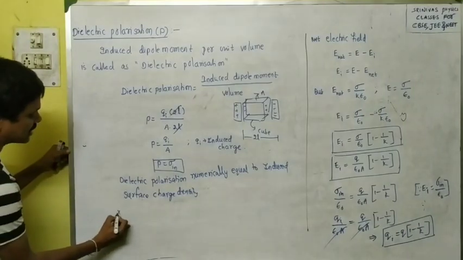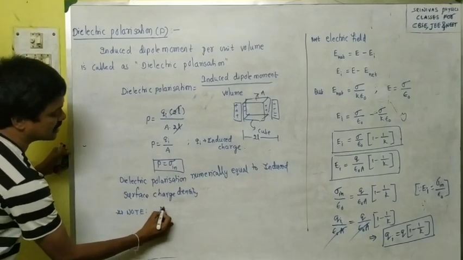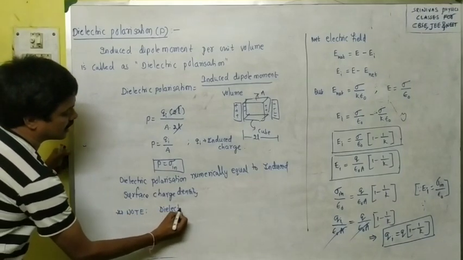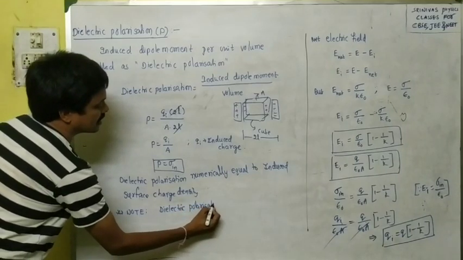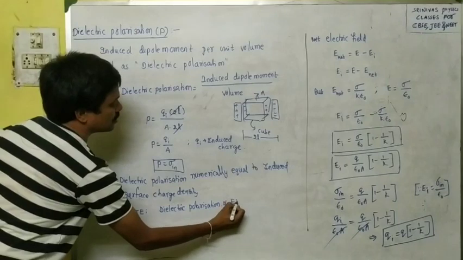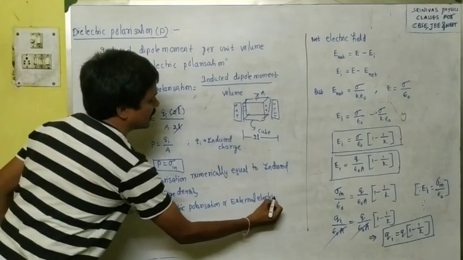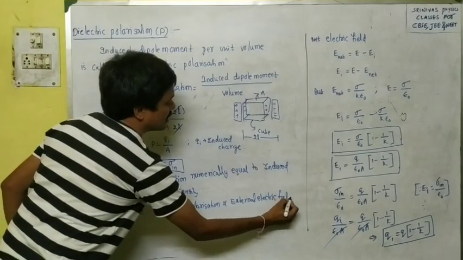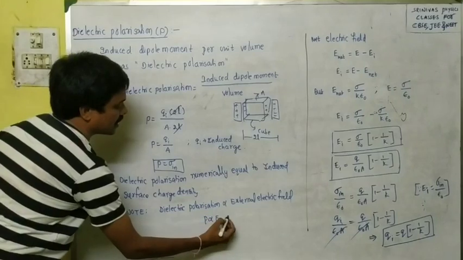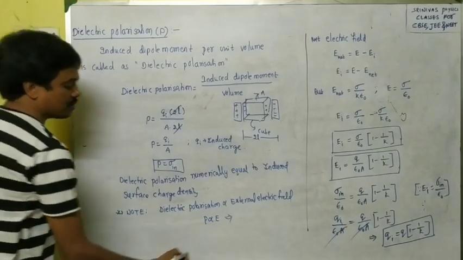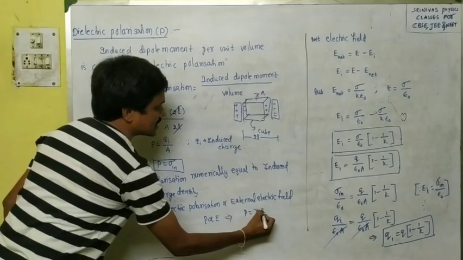And one more point, note that the dielectric polarization is proportional to the external electric field. That is, dielectric polarization is proportional to E. And when we remove the proportionality, we will get some constant, that is xi.